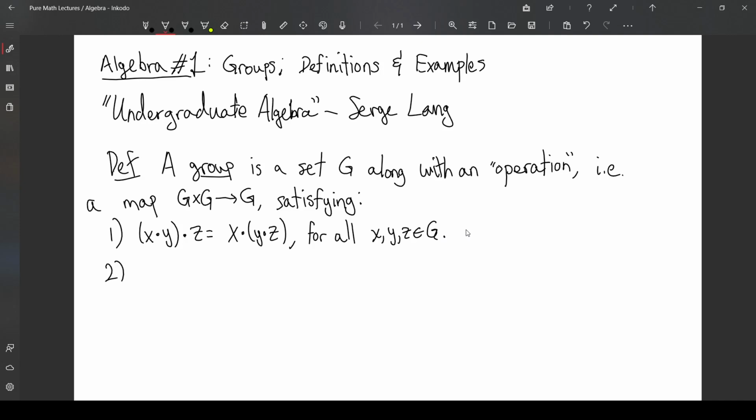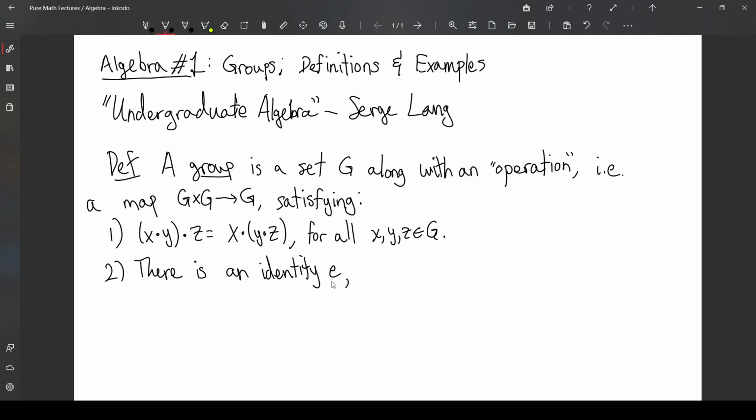So that's the first one, associativity. The second one is that there is an identity, which in general we denote by e. In some contexts it can be 1, in some contexts it can be 0. It just depends on the context, but in general it's e.